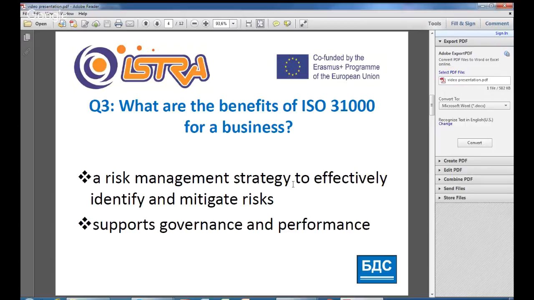Its goal is to develop a risk management culture where employees and stakeholders are aware of the importance of monitoring and managing risk. Implementing ISO 31000 also helps organizations see both the positive opportunities and negative consequences associated with the risk.